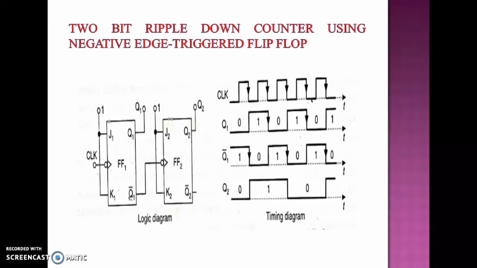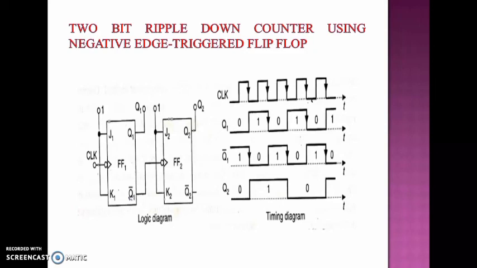When we apply the second clock pulse, Q1 changes from 1 to 0 and Q1 bar from 0 to 1. The positive going signal at Q1 bar does not affect flip-flop 2 and Q2 remains at 1. Hence, the state of the counter after the second clock pulse is 1 0.